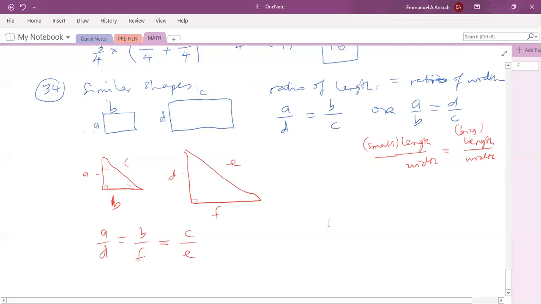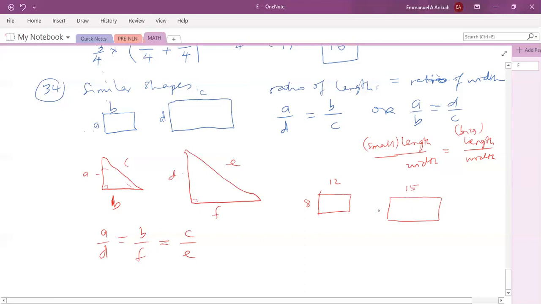Okay. So for this question, you have a rectangle. The first one is 12 and 8, so the length is 12, the width is 8. And then you have another similar rectangle, and this time the length is 15 centimeters.